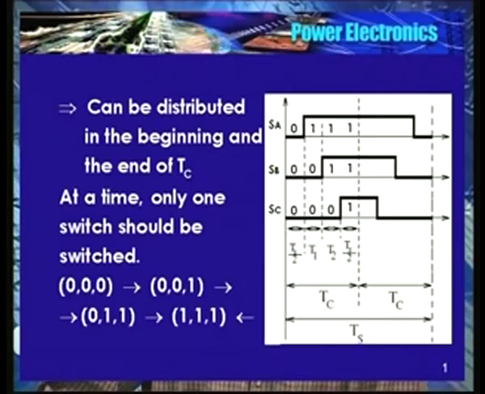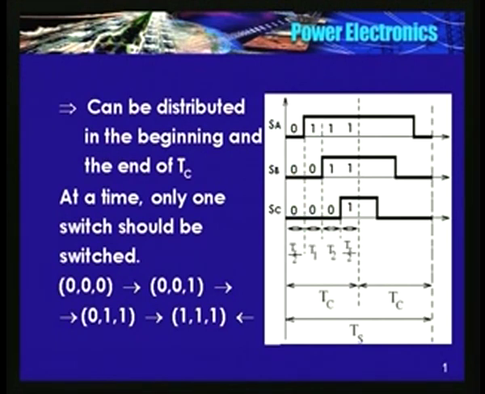Now, coming to the implementation part, at any given time only one switch is turned on or off. That is the space vector PWM technique requirement. So, we will start with 0 0 0. In other words, we are at the origin.